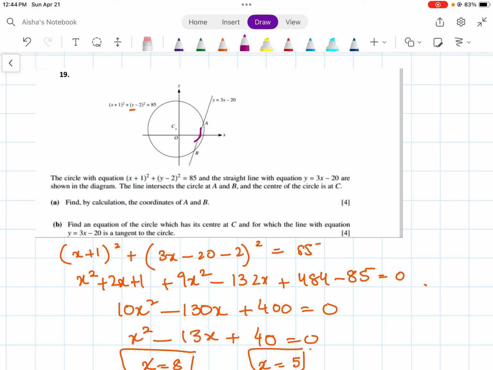Okay, so now this is the tangent, and I cannot form this equation. Now how do I find out? Now this is the tangency point which first I have to find out. So that I can also find out the radius of the circle.